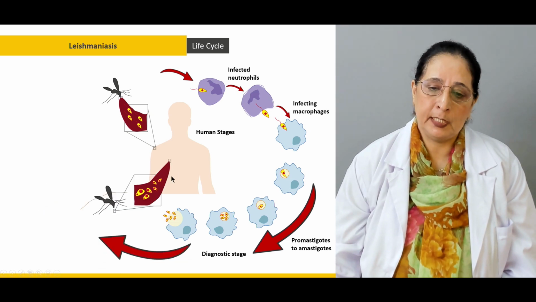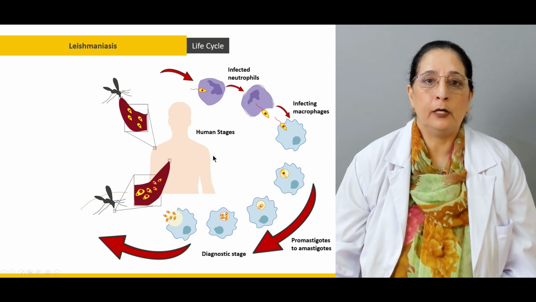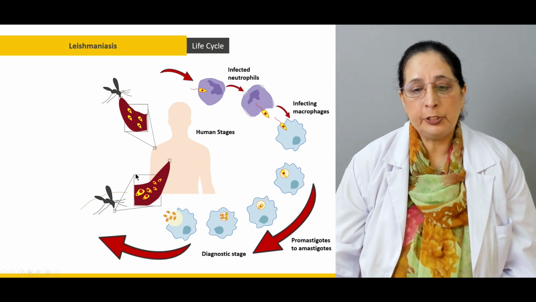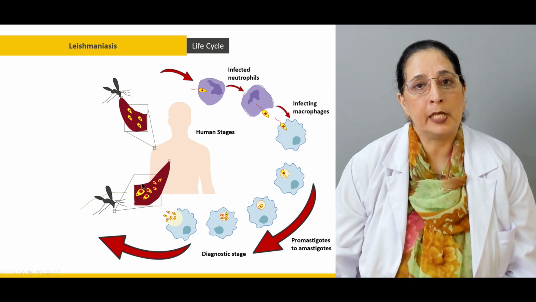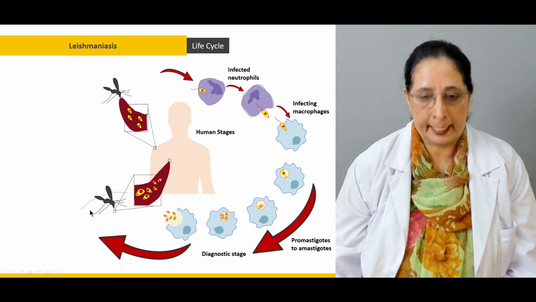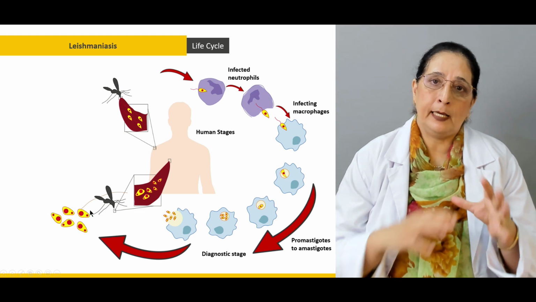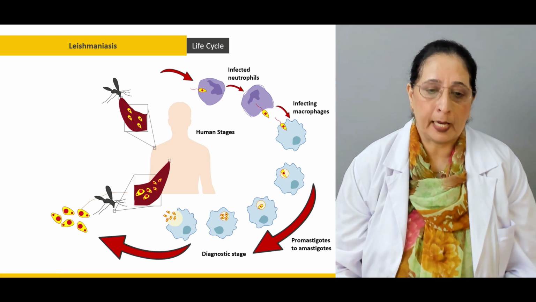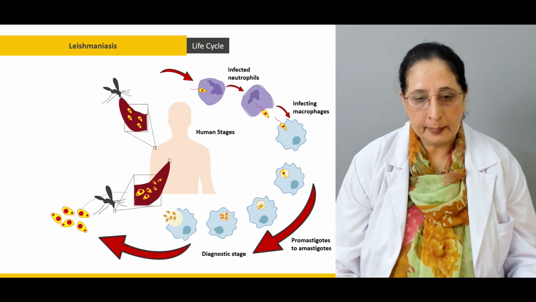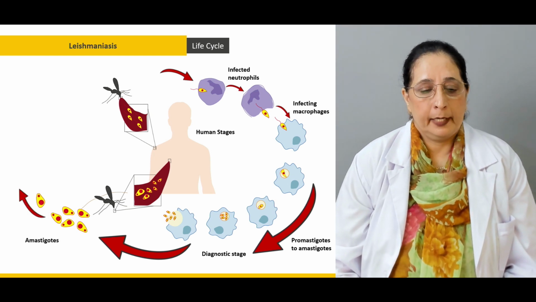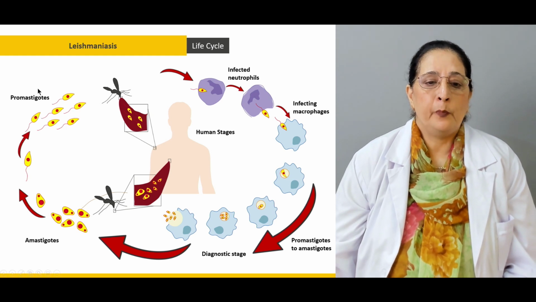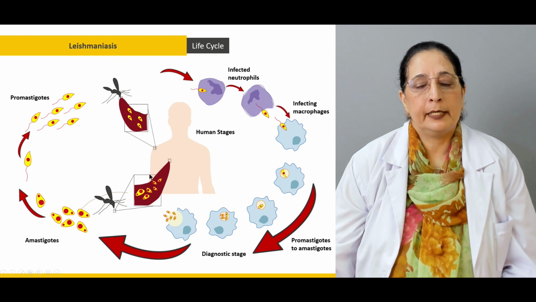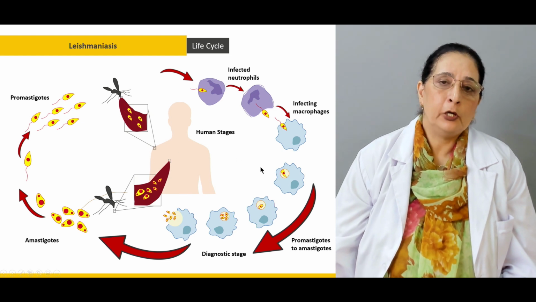With the sucking of the blood, these amastigotes enter the sandfly, and now the sandfly stage begins, where the amastigotes change into promastigotes, and then they are again injected into the human body.